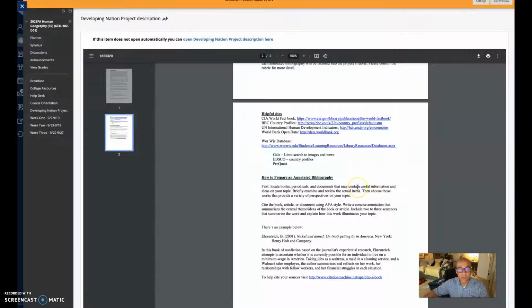So I try to give you an example to follow so you know sort of what I expect and what to do. Okay, find books or periodicals or topics that relate to the issue at hand, whether it's politics and government, whether it's language and culture, whether it's religion. Cite the book using APA style. Here's an example down here for you. But the most important part is give me a 3 or 4 sentence summary of what that source talks about.